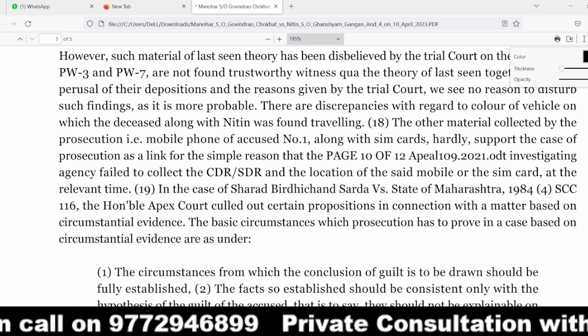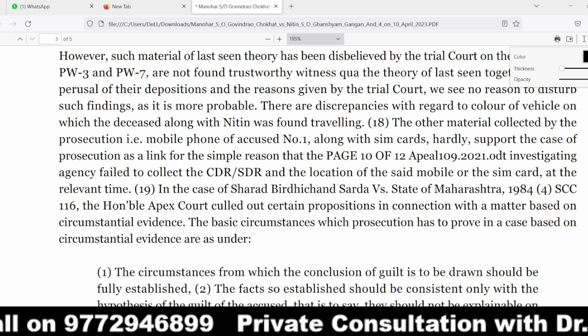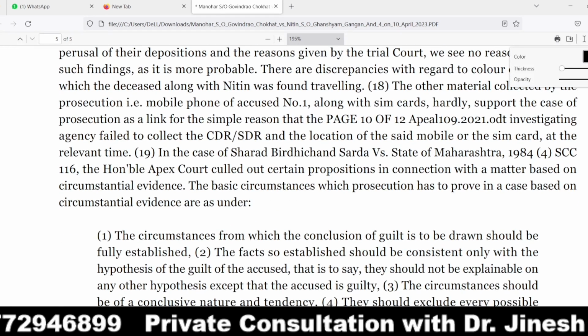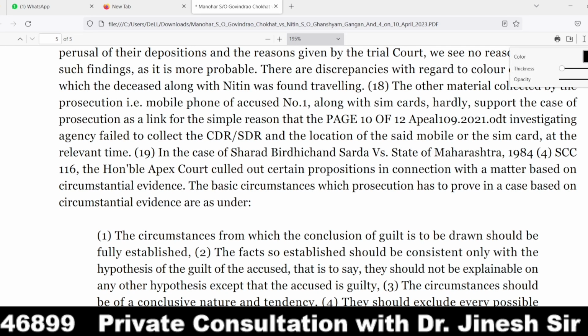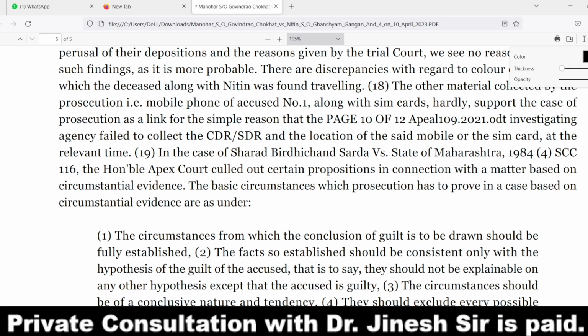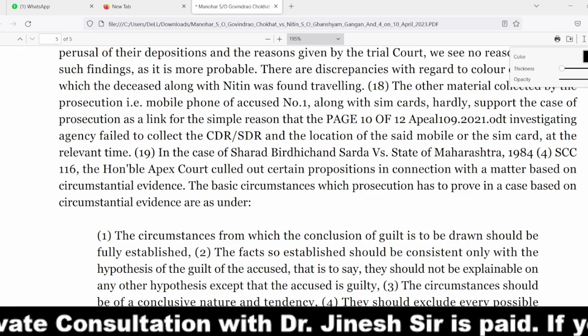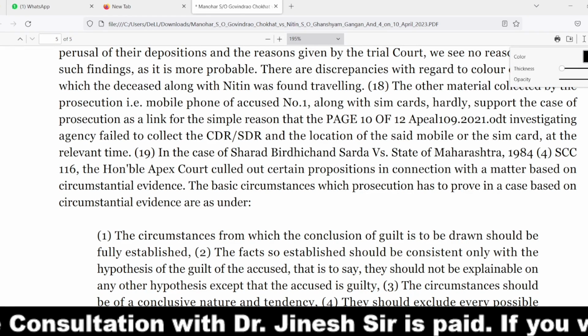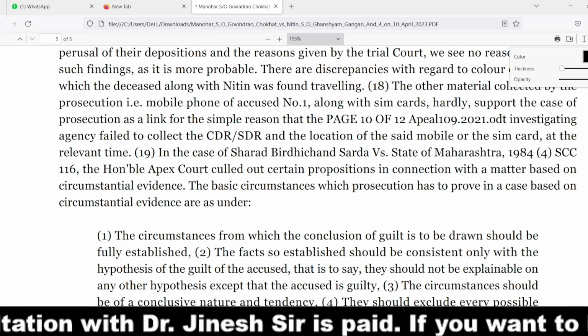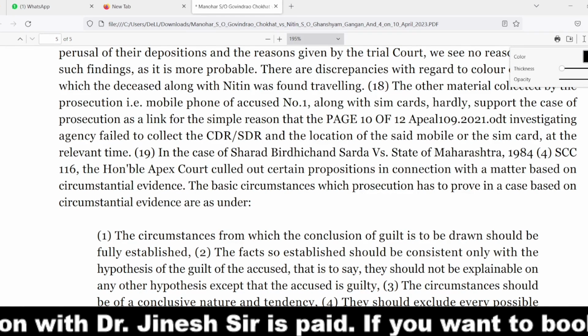So, if the case is based on circumstantial evidence, the prosecution has to prove the guilt of the accused, number one, beyond reasonable doubt. Apart from that, the facts so established should be consistent so that the hypothesis of guilt could be drawn. And apart from that, they should not be explainable on any other hypothesis except the guilt of the accused.